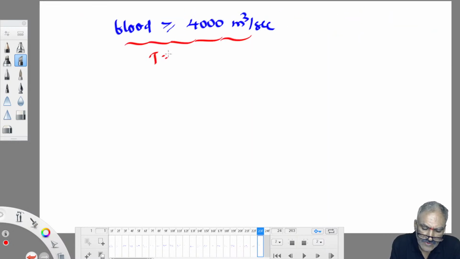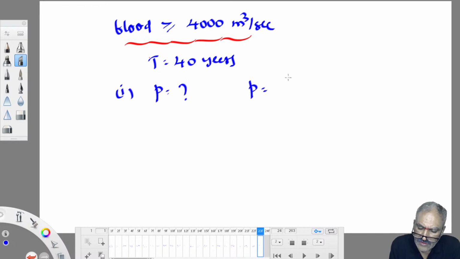So, for this T is equal to 40 years. First question is what? Probability of occurrence only. So P is equal to 1 by T. So it is 1 by 40. So 0.025. That was the answer for first question. Express in fraction.